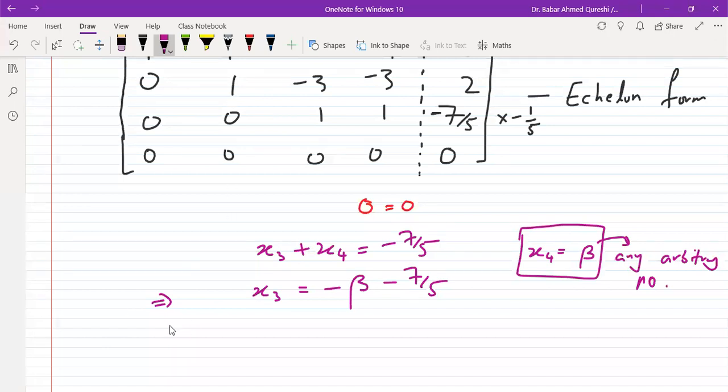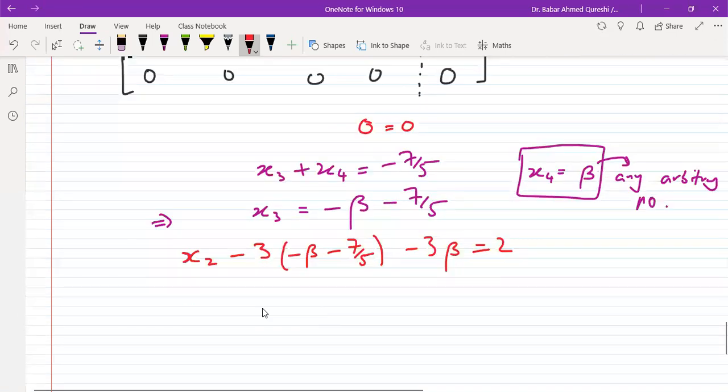I go one equation above, my equation reads x2 minus 3x3. So for x3 I put minus beta minus 7 over 5 and minus 3x4, x4 is beta, is equal to 2.